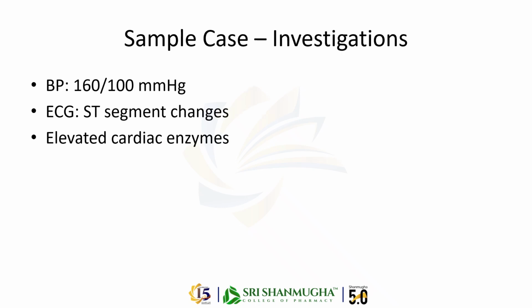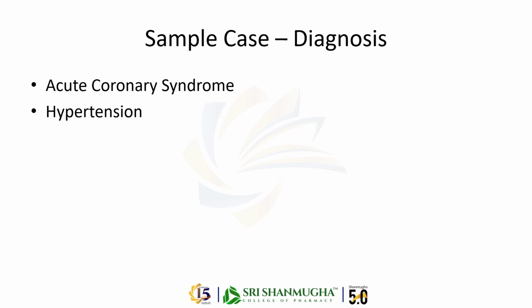In investigations, the vital signs show his BP level is 160/100 mmHg, and the ECG shows ST segment changes and elevated cardiac enzymes, that is the troponin test. His final diagnosis is acute coronary syndrome and hypertension, because his symptoms show chest pain radiating to the left arm and BP is 160/110, which confirms acute coronary syndrome and hypertension.